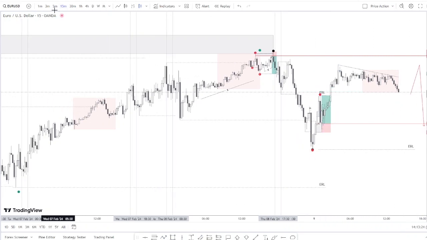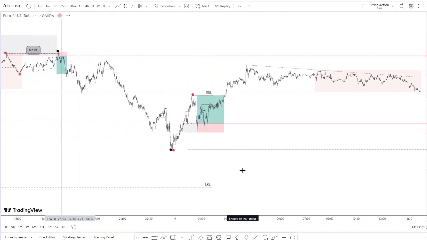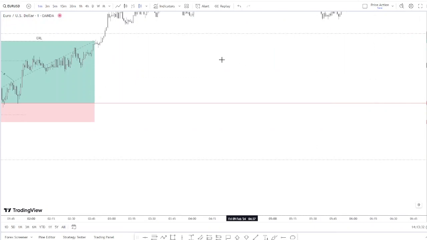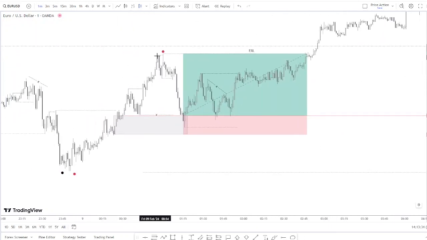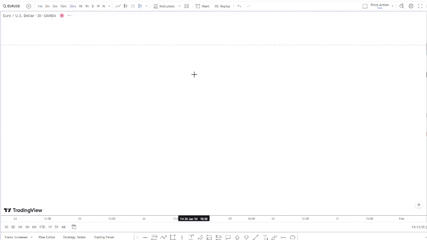Anyway, on this one, we have our M1 range again. From here to here, we have a range, run on liquidity, break of structure, run on liquidity, break of structure. Then we have a POI. I think this was an M30.